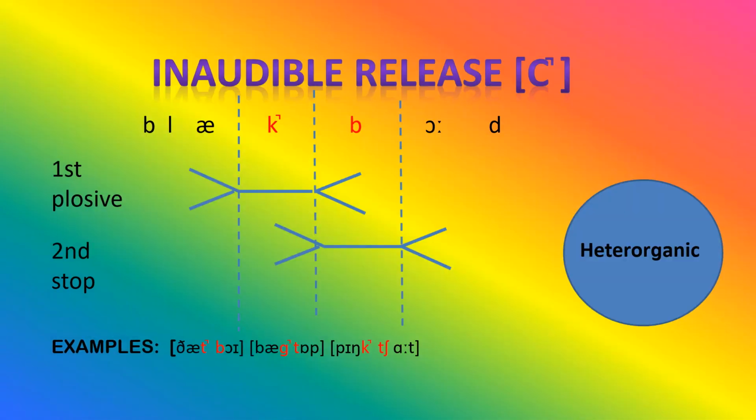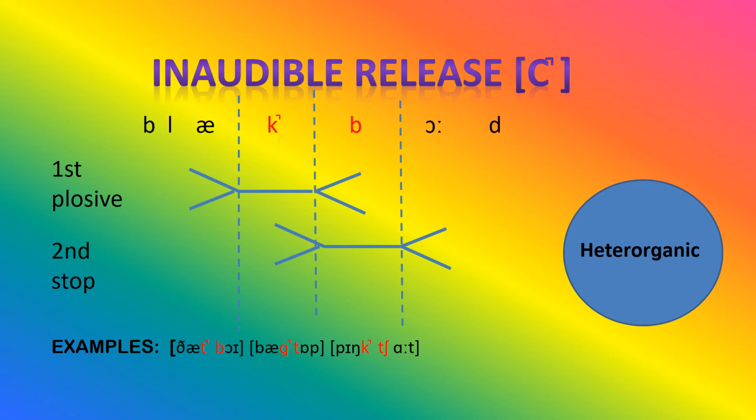Another allophonic variant of consonants is inaudible release, which affects plosives, all plosives, when they are followed by a stop. That means when they are followed by either another plosive or an affricate.